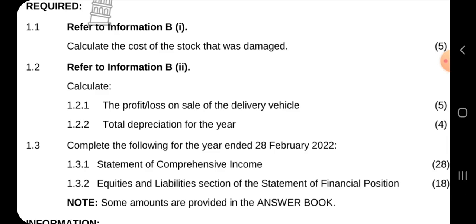But if the amount we sell our fixed asset for is lower than the carrying value of the asset being sold, that is a loss. Keep that in mind. So you look at the carrying value.